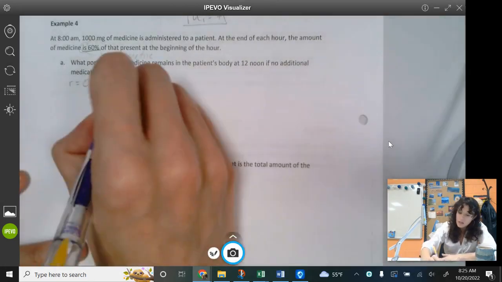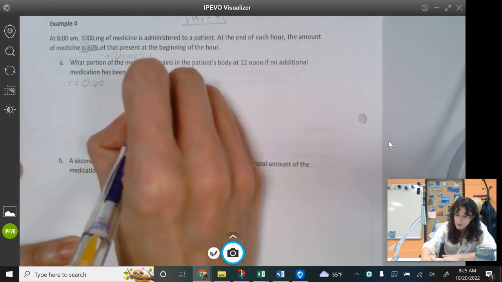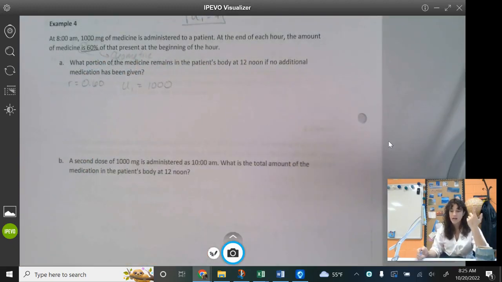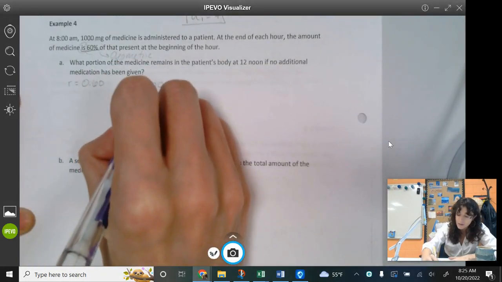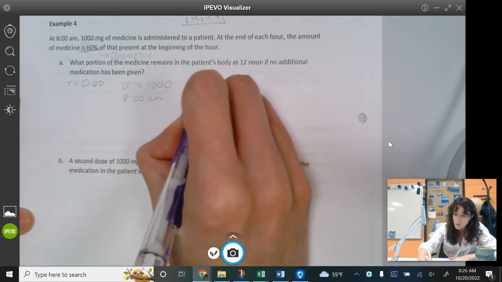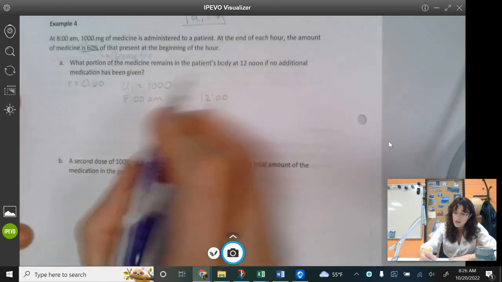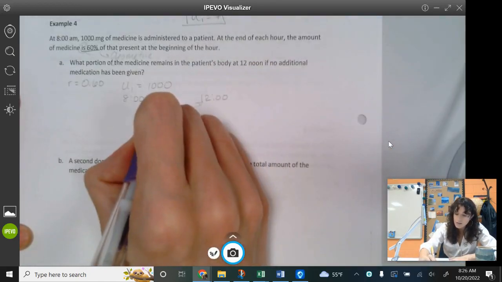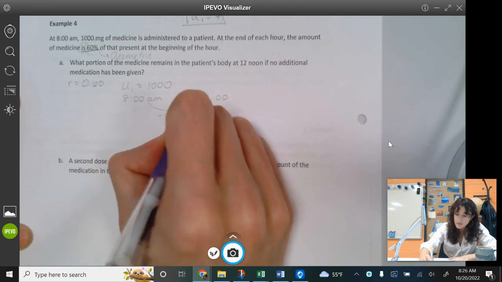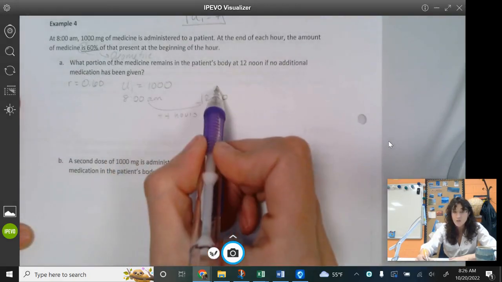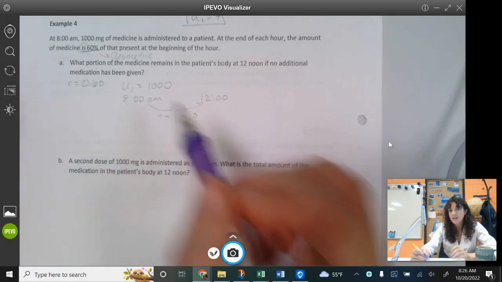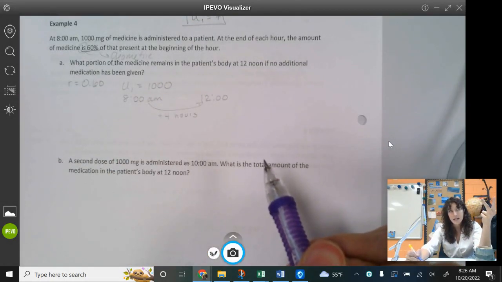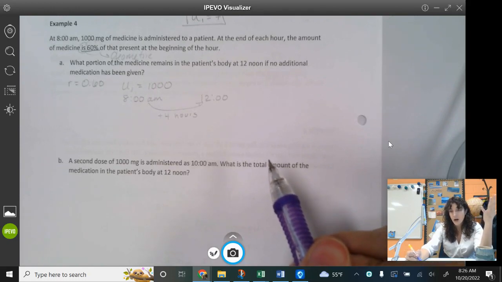Okay. u sub 1 is our first term, which is 1,000. And I have to think, okay, this is what u sub 1 is at 8 a.m. So if I want 12 noon, that is 4 hours later. So I would need to do plus 4, right? If this is 1, 9 would be 2, 10 would be 3, 11 would be 4, and 12 would be 5, right?